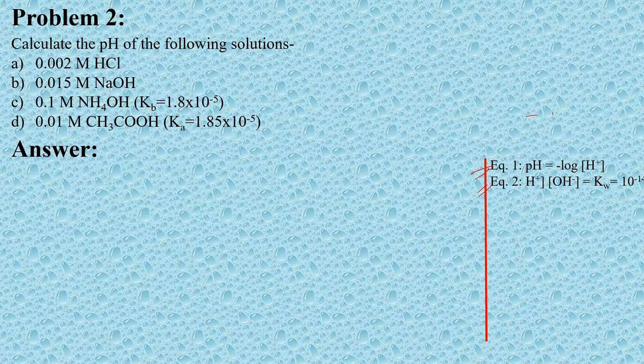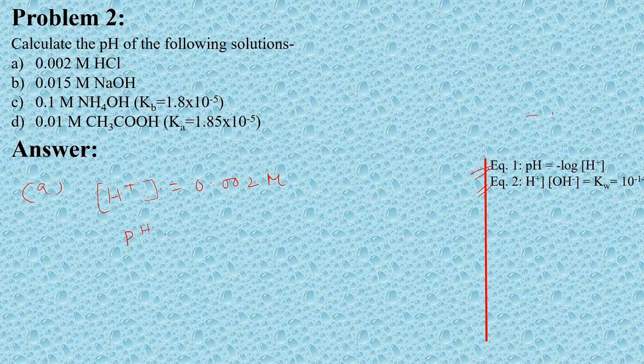So for A, that is 0.002 molar HCl, strong acid HCl. For this, H plus concentration is 0.002 molar.